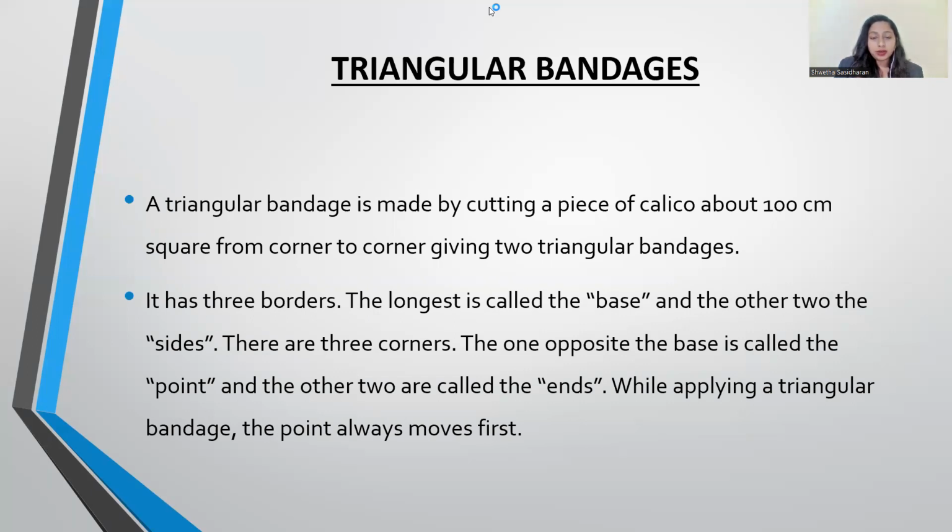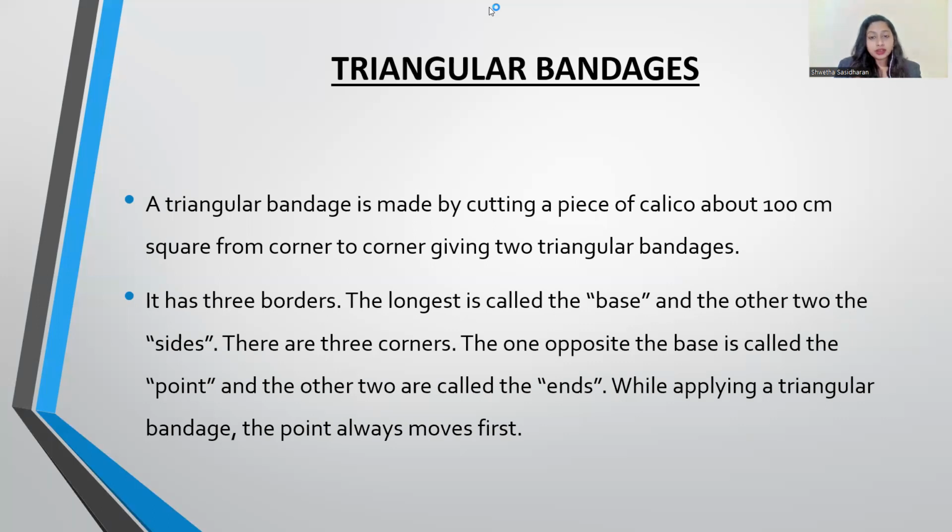So in the triangular bandage, when we are giving a dressing, the point will come first followed by the ends. That will always be the procedure when we put any kind of bandage.